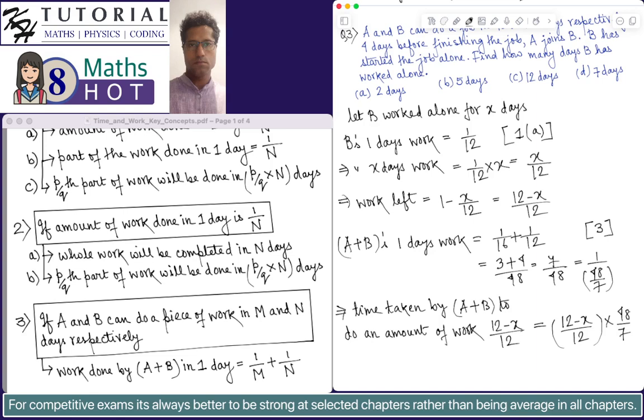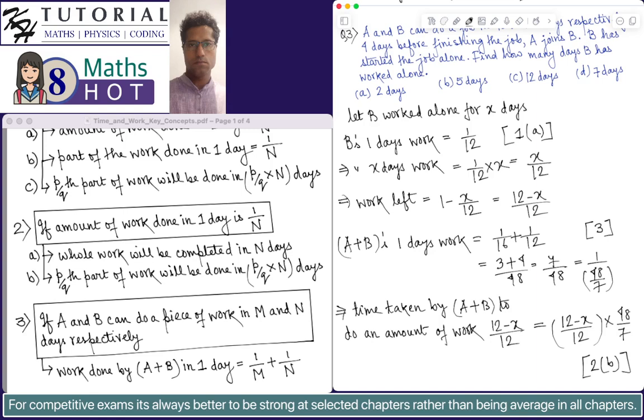If you correlate the concept and the problem, 12 minus x divided by 12 is the p by q in the concept. So concept 2b was applied, that is, if an amount of work done in one day is 1 by n, then p by qth part of work will be done in p by q multiplied by n days.